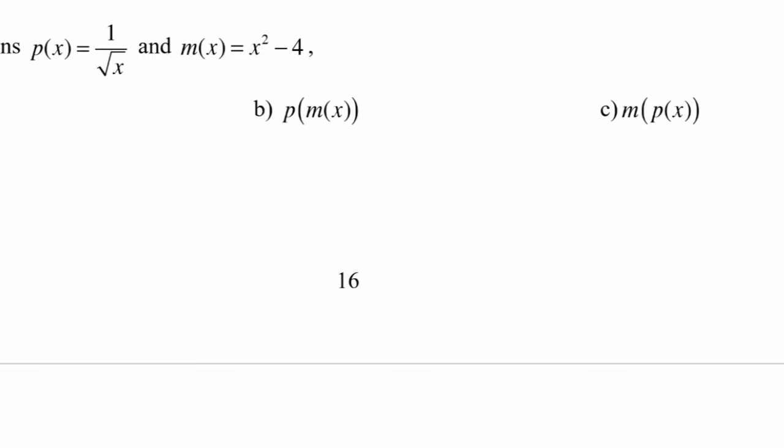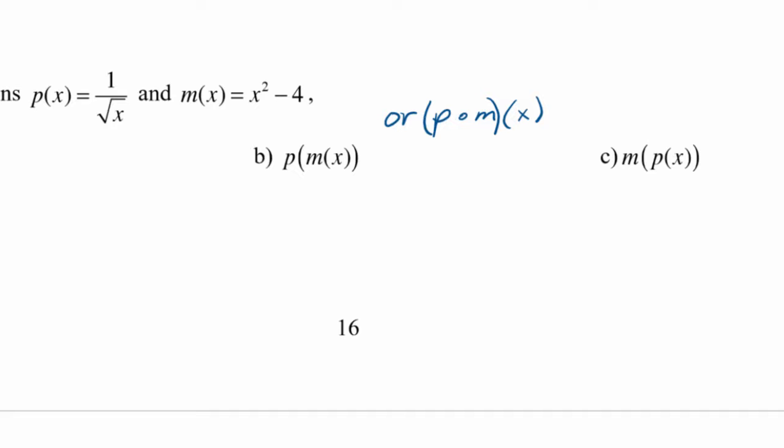Just a reminder that this composition of functions can be notated two ways. You can notate it with the parentheses, or you may see it with the little circle. Both of these notations mean the same thing.